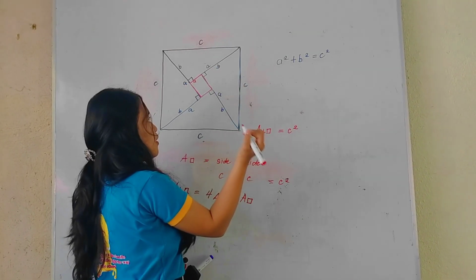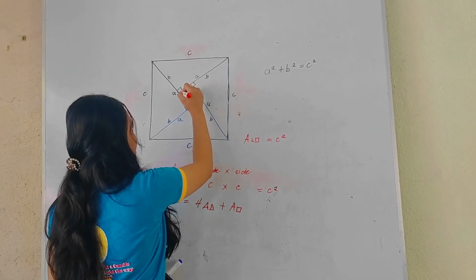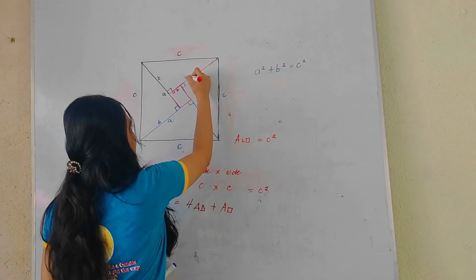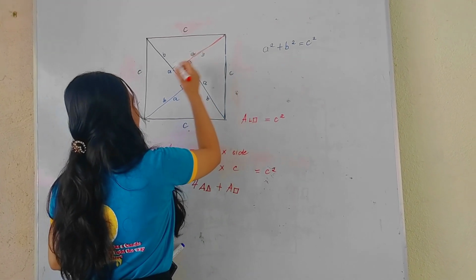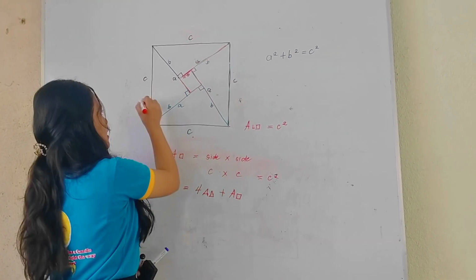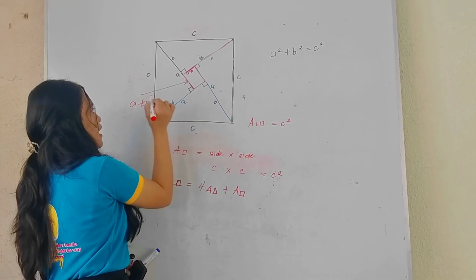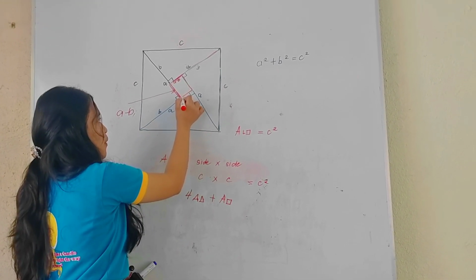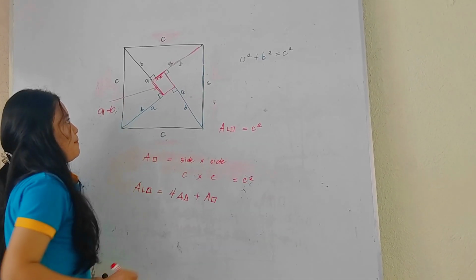The length of the smaller square is equal to A minus B, because this is the A and this is the B. So this length of the square is equal to A minus B.